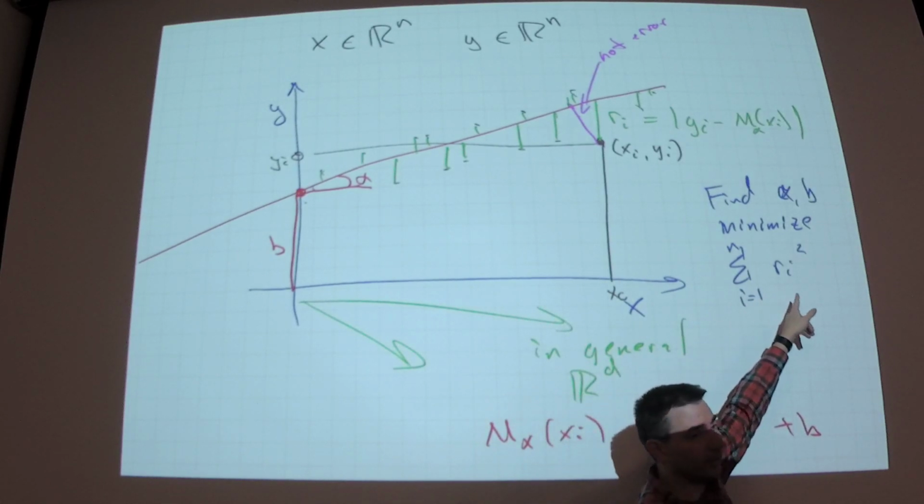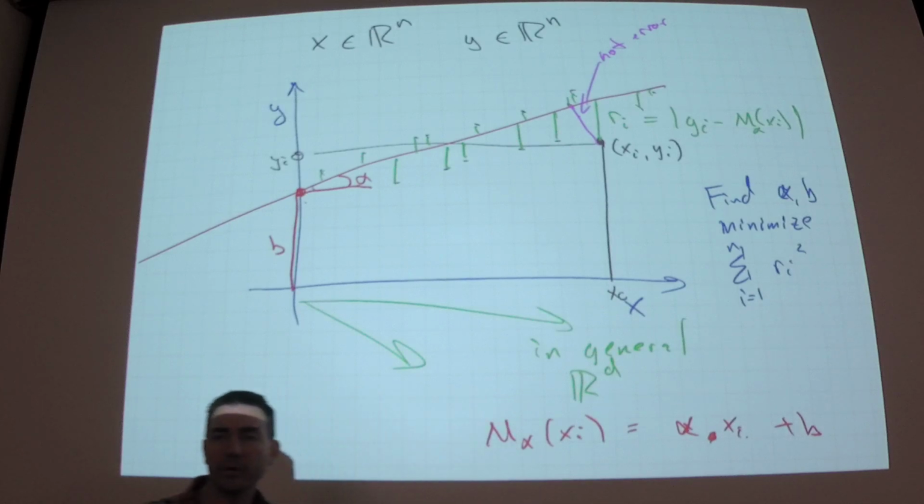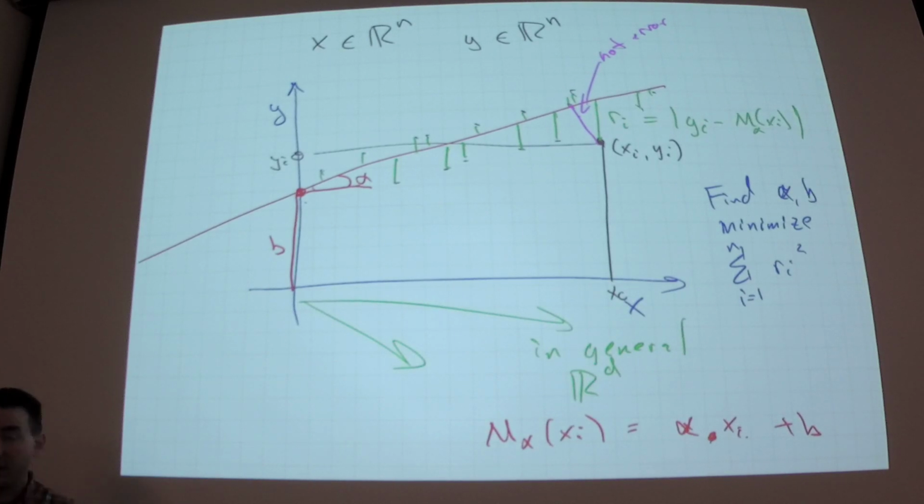And I sum up all of these. So it's okay to have one really bad point as long as on average the squared distance is small. This is the ordinary least squares regression problem, just when the explanatory variables are one-dimensional. Has anyone not seen this before? Okay, good. We can move on more quickly.